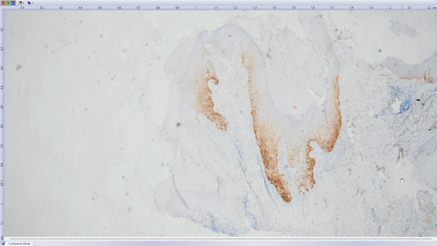We did P16 genetics and we found that there is HPV16, high risk virus. And how to interpret it?